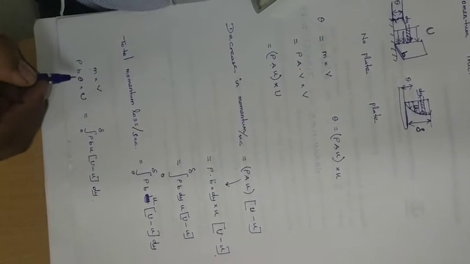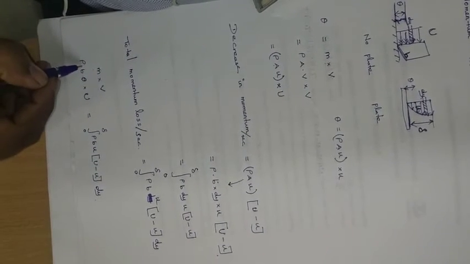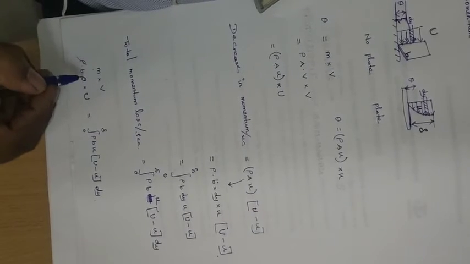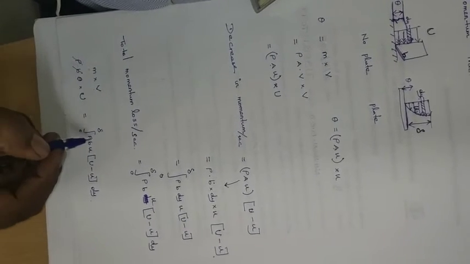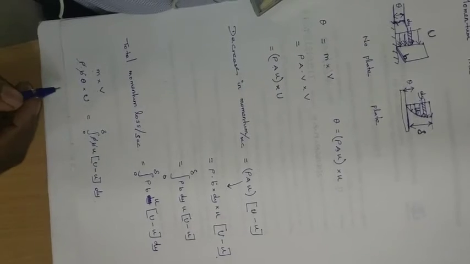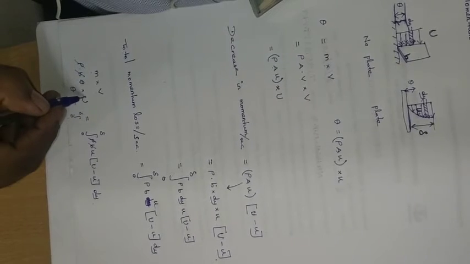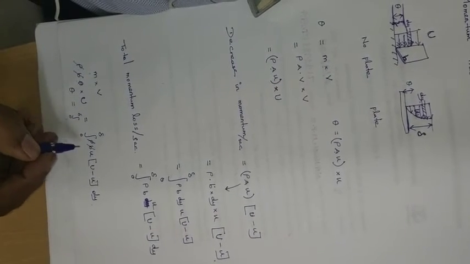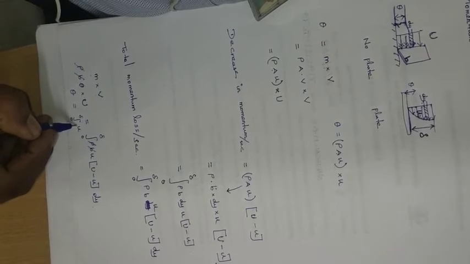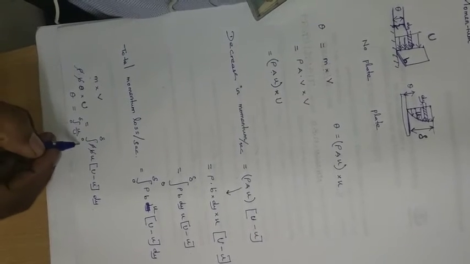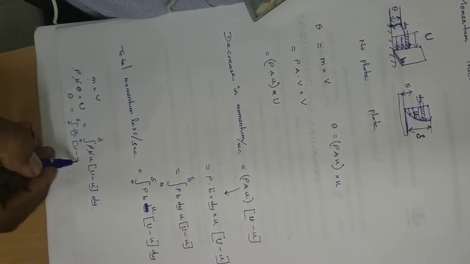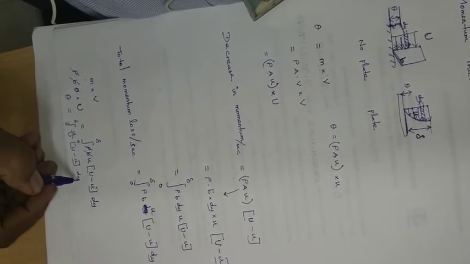So finally, you can remove the common terms, rho b, here also rho b, right? Now you will have theta equal to the integral from 0 to delta of u by capital U into (capital U minus small u) dy.